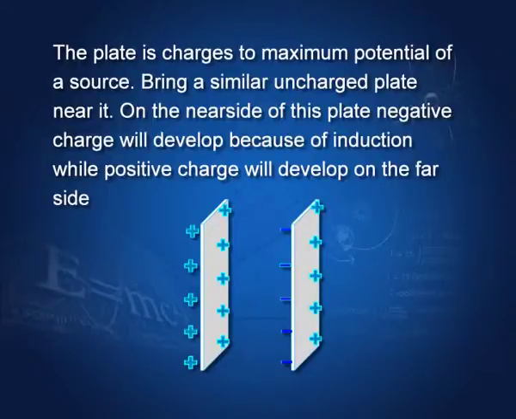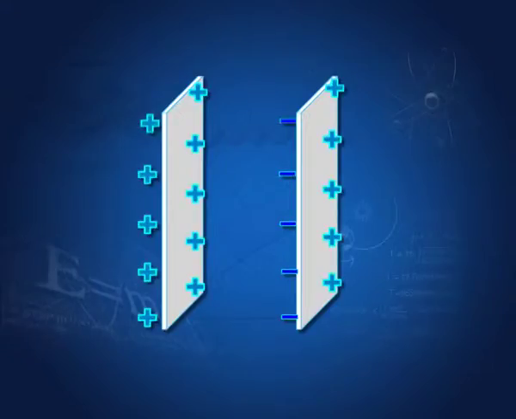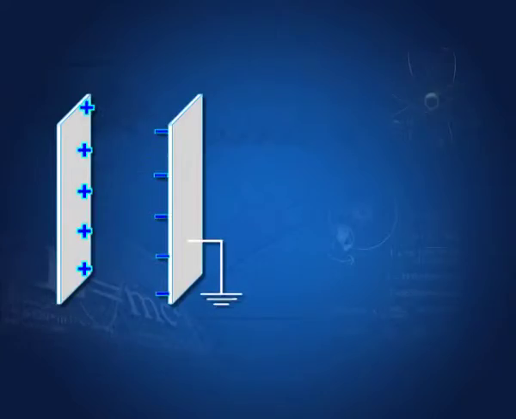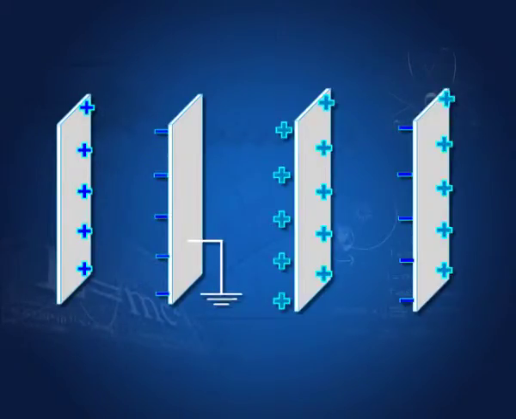Now, bring a similar uncharged plate near this plate. Because of induction, negative charges develop on the near side of this sheet, and on the reverse side positive charges develop.